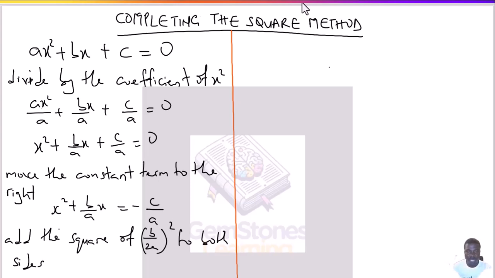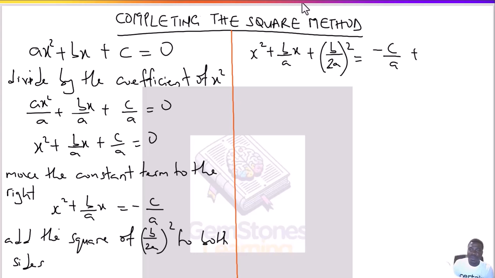And that will simply give us x squared plus b over a x plus b over 2a all squared is equal to negative c over a plus b over 2a all squared.